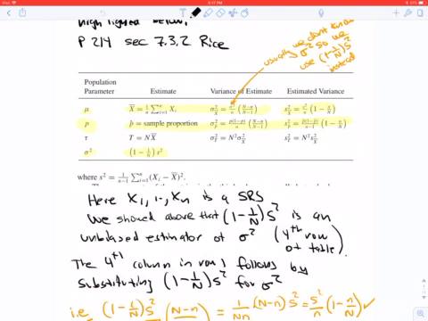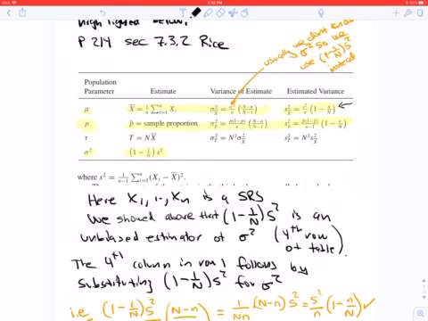And if you substitute that in for sigma squared in the first row, third column, then you'll get the estimated variance, which is the first row, fourth column. So this formula here. Okay, so this estimated variance is an approximation for the variance of the estimate.